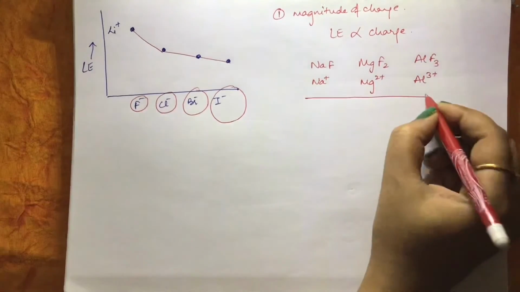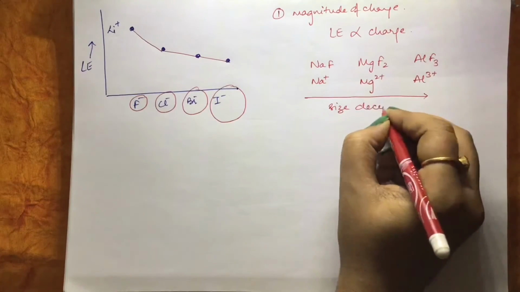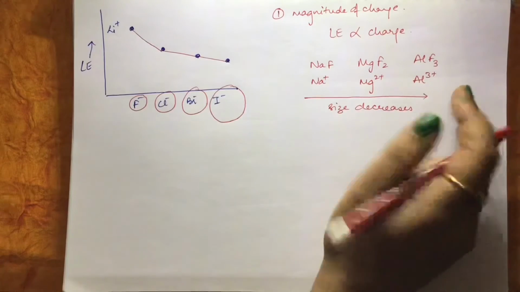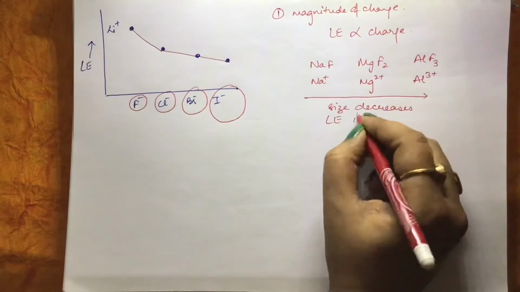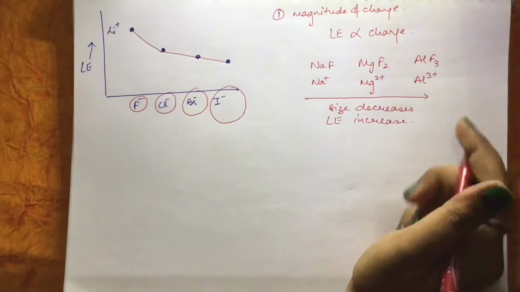So as we go here you can see the size decreases. अब अगर साइज डिक्रीज हो रहा है तो उसका मतलब लैटिस एंथैल्पी क्या करेगी? Lattice enthalpy will increase. ठीक है.